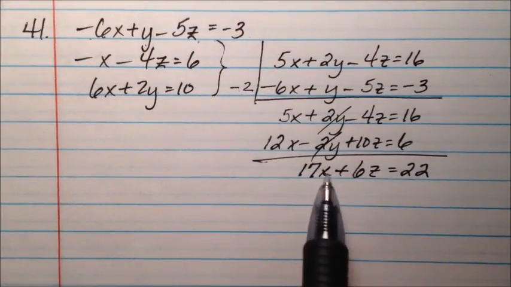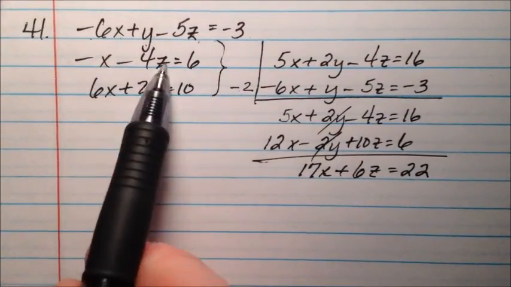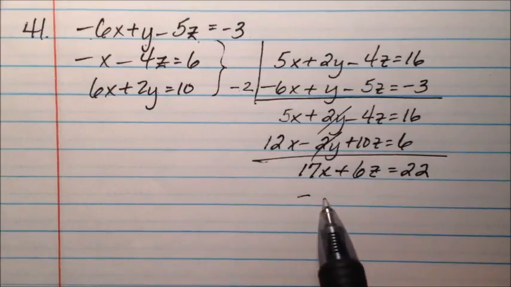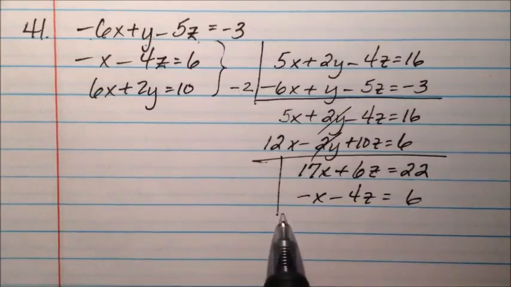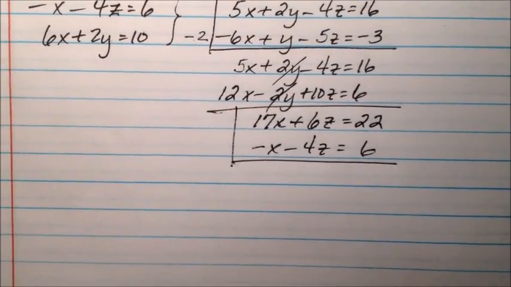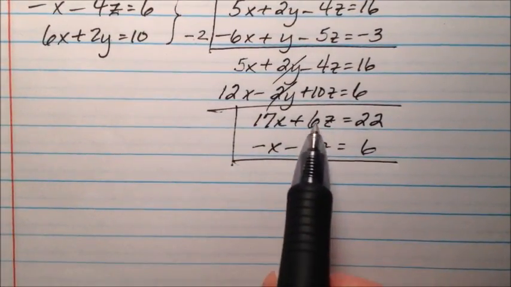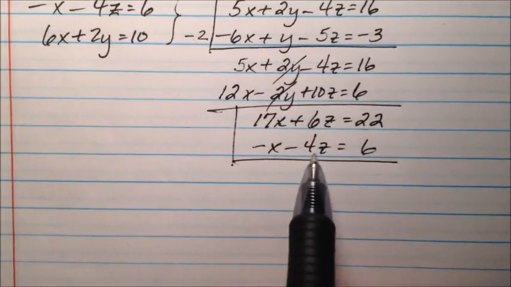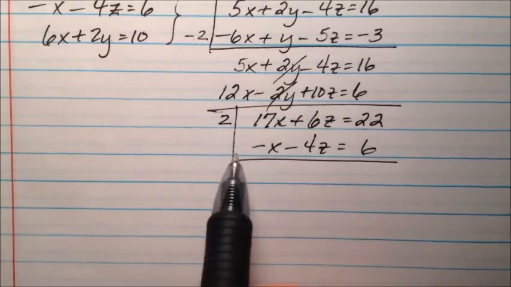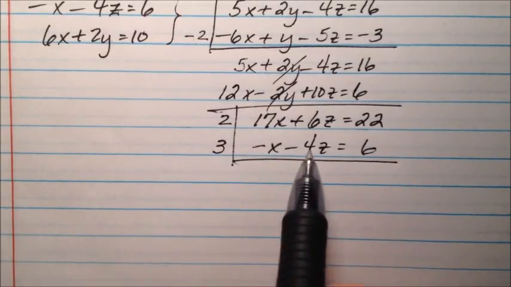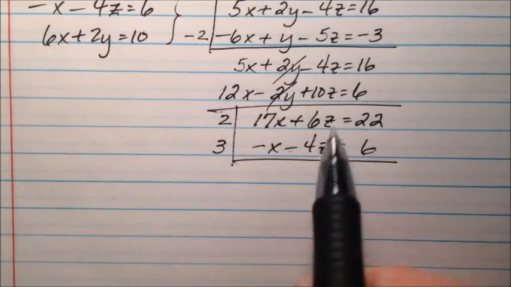Well, that's nice because this x and z, I have another equation with x and z. So let's go ahead and stack them. Okay, it looks like I can probably get rid of the z's fairly easy because they have a least common multiple of 12. So if I multiply the top one by 2, that'll give me 12z. Multiply the bottom one by 3, that'll give me a negative 12z. So let's go ahead and do that.